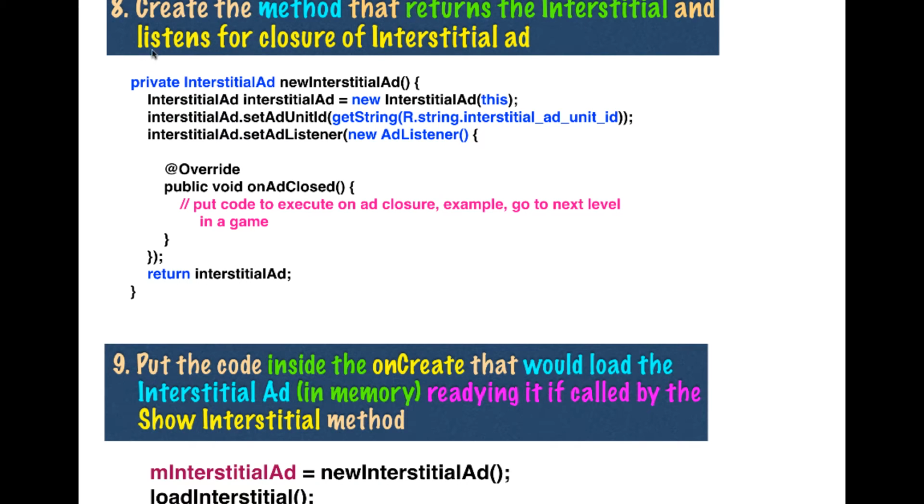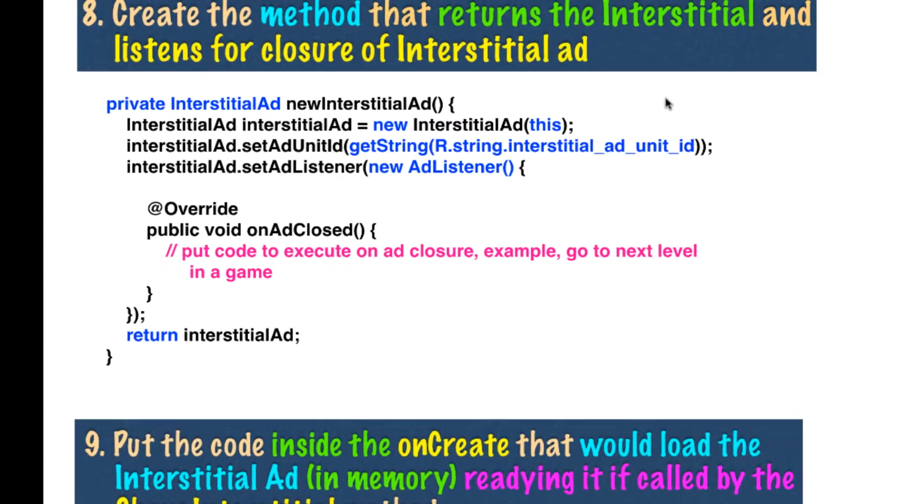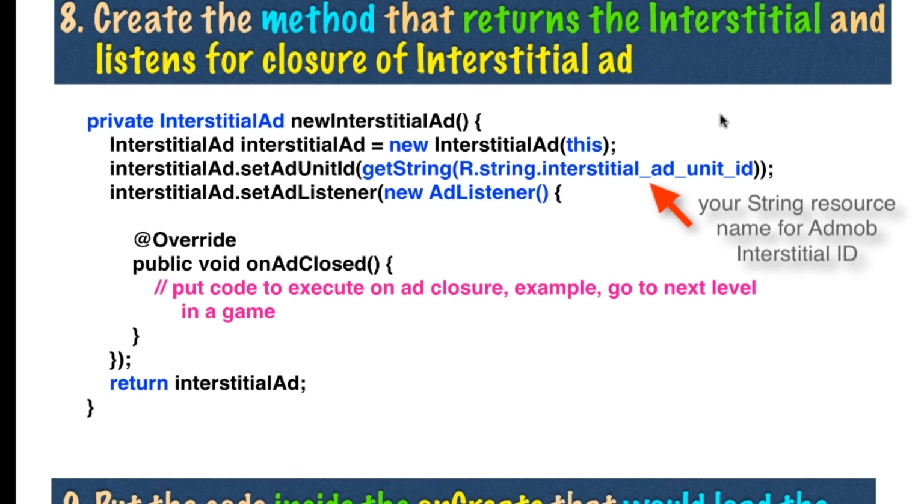So the next is number 8, you create the method that returns the interstitial, and listens for closure of interstitial add. Of course, when the interstitial add is already there, you have to return that add, in order for you to have that add.